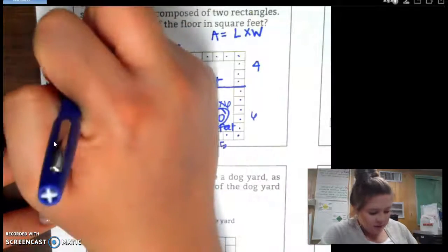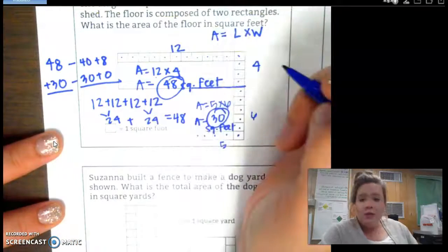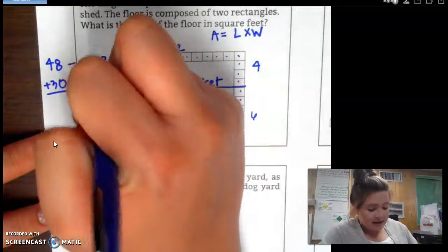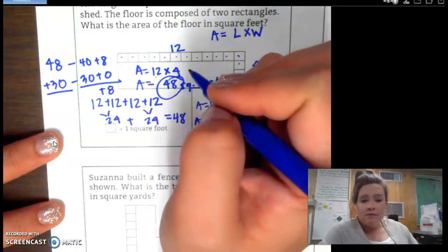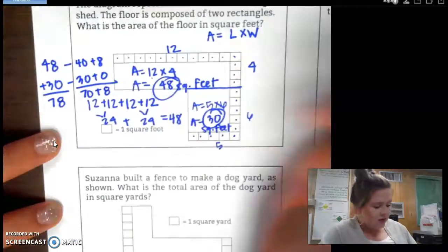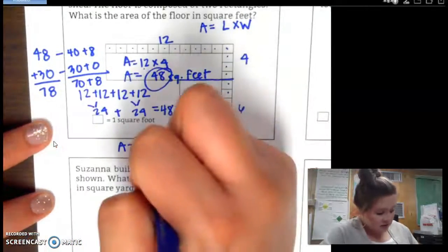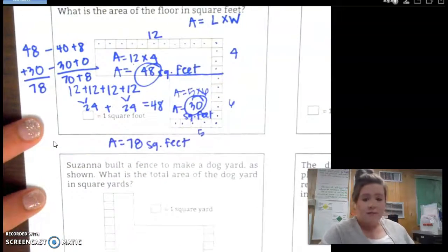Which equals 40 plus 8, 30 plus 0. 0 plus 8 equals what? 8. Awesome. And 40 plus 30 is 70. 78. So the area, 78 square feet. All right, let's do one more.